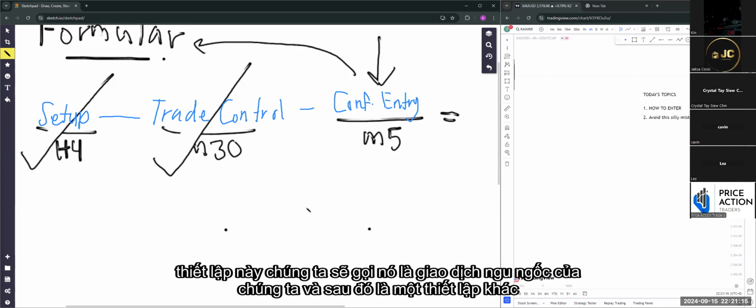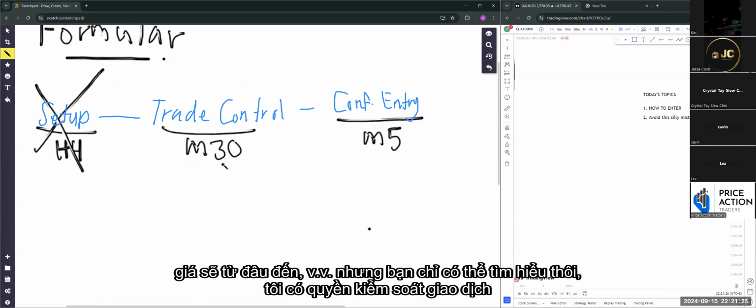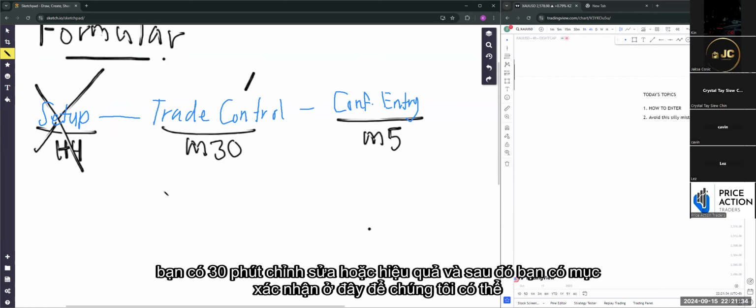And in another scenario, you don't have setup. You can't see where the price is coming from or where it is going, but you have trade control, which is 30 minutes EG or EF, and you have a confirmation entry.